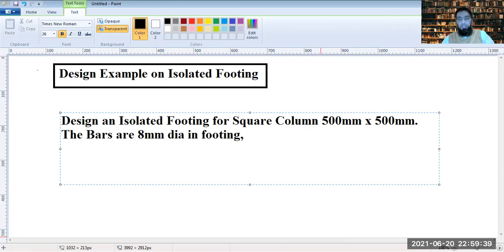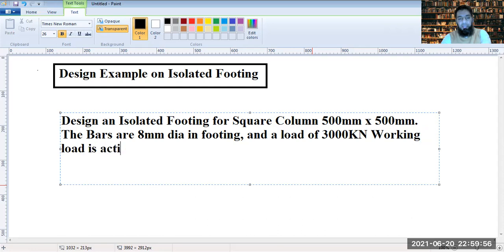Now, we are using 8 mm dia bars and a load of 3000 kilonewton. It's a working load that is acting on the footing.